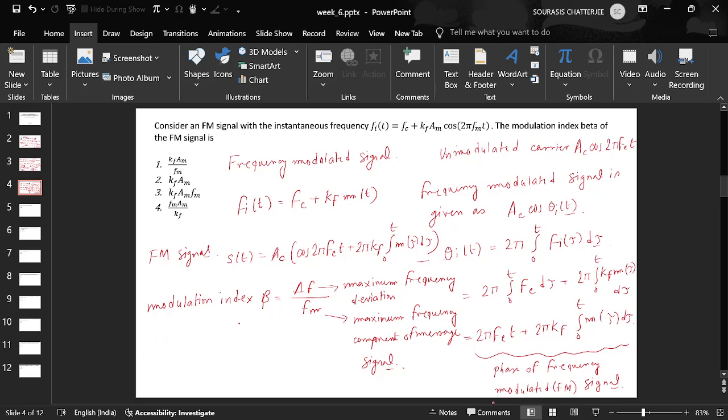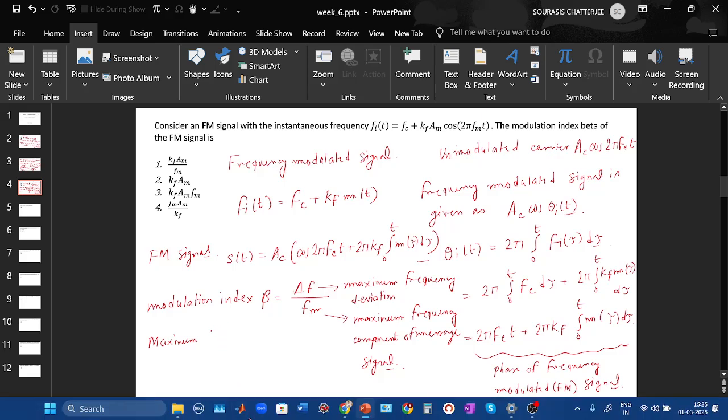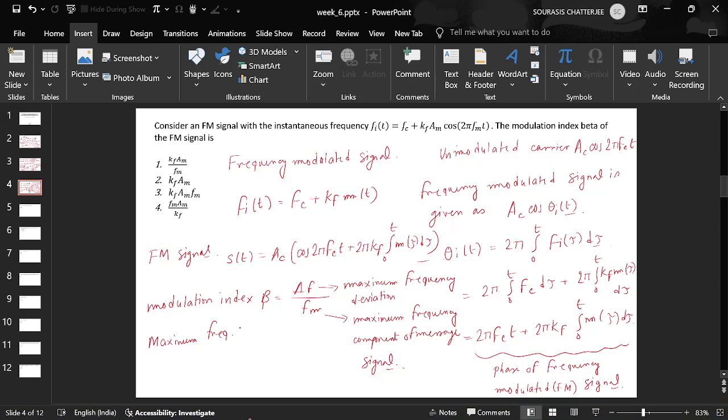So in case of a frequency modulated signal, what is our maximum frequency deviation going to be? It's actually quite easy to compute compared to a phase modulated signal. Your maximum frequency deviation is going to be max of fi(t) minus fc, which is nothing but max of kf m(t).